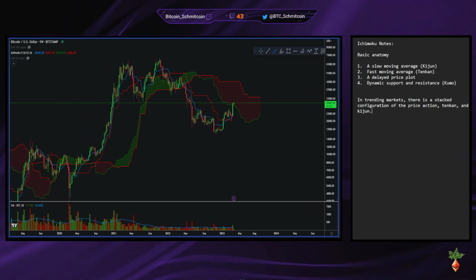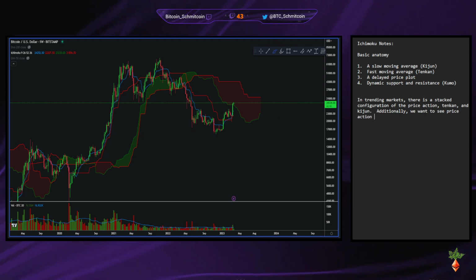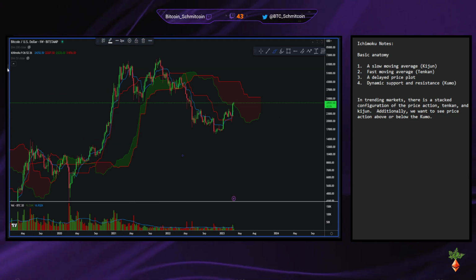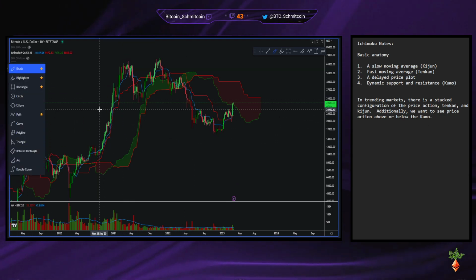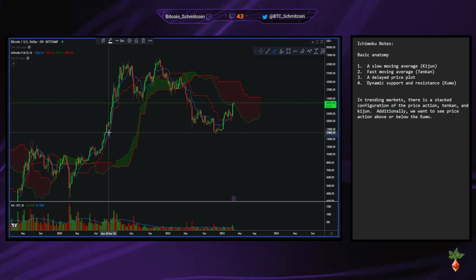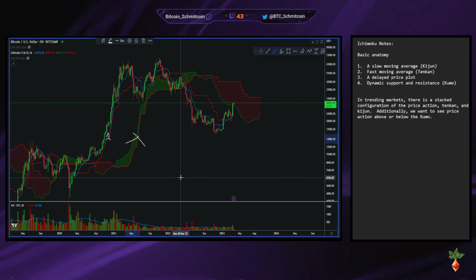And in trending markets, we want to see the price action above or below the Kumo. So for example, here, this is considered a bullish trend. We see price above the Tenkan, above the Kijun, and above the Kumo.